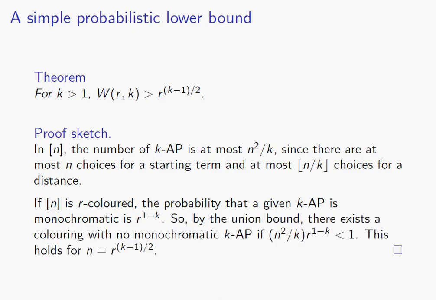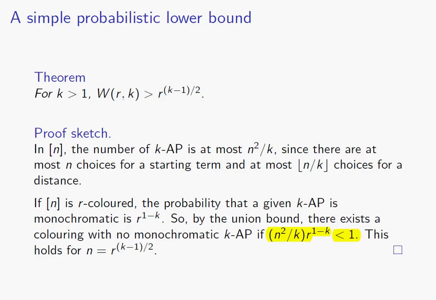We have at most n squared over k k-term arithmetic progressions, and the probability that each one is monochromatic is only r to the 1 minus k. Even if all of these events are mutually exclusive, the quantity n squared over k times r to the 1 minus k is an upper bound on the probability that some k-term AP is monochromatic.